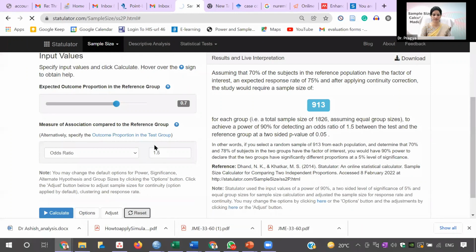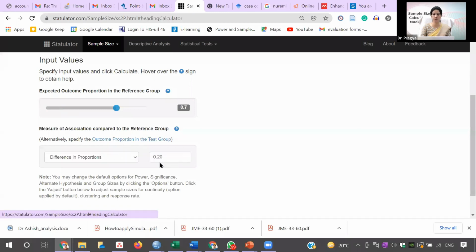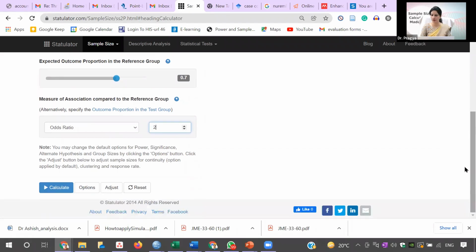Now you can see that 70% was the exposure in the control population, and the odds ratio was 1.5. No, it was 2, I guess. Yes, it was 2. And this was also 60%, it was not 0.70.